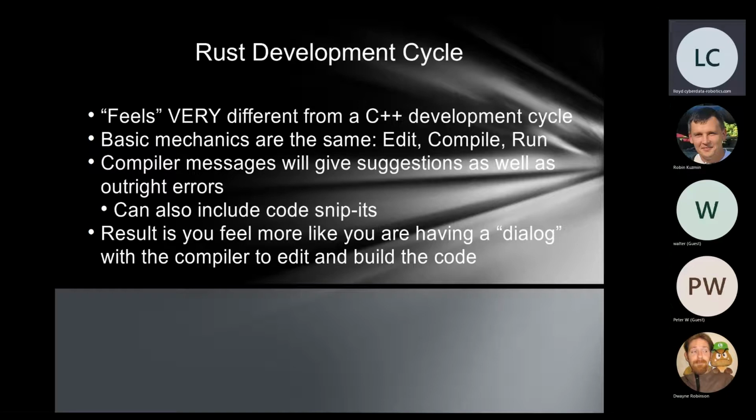You'll save your file, and it'll pop up with a set of hints, some of which are just syntax errors like you would expect. Some of them say you could write this piece of code better if you use this thing. And usually this thing is a new feature in the language. So it kind of teaches you as you go, and you're having more of a back and forth with the compiler than you normally do with, say, a straight C++ compiler.